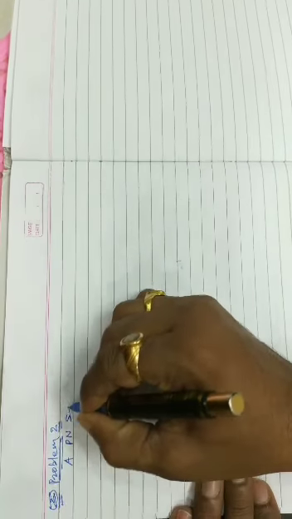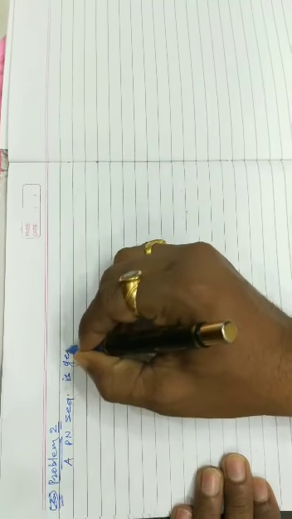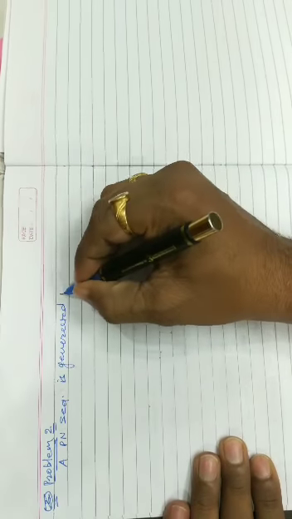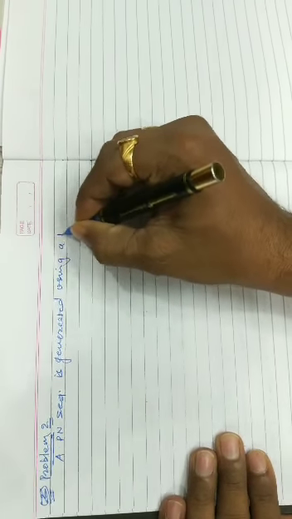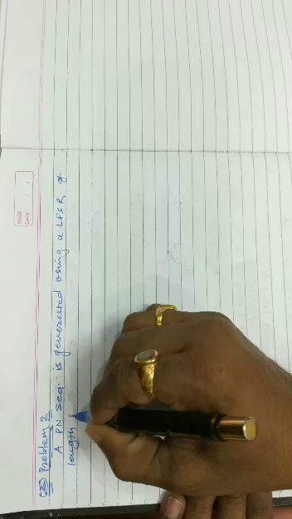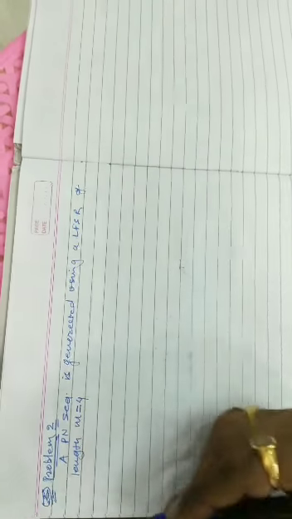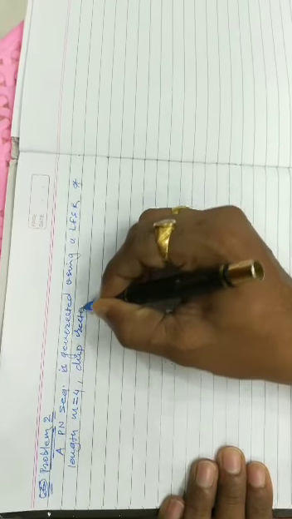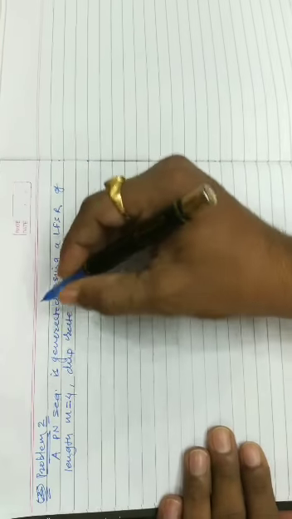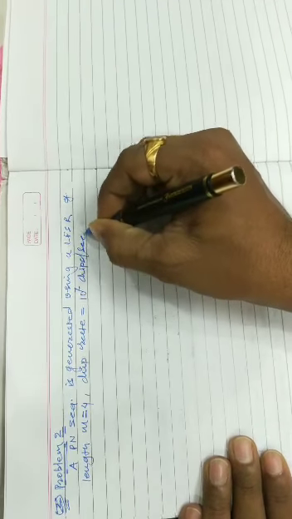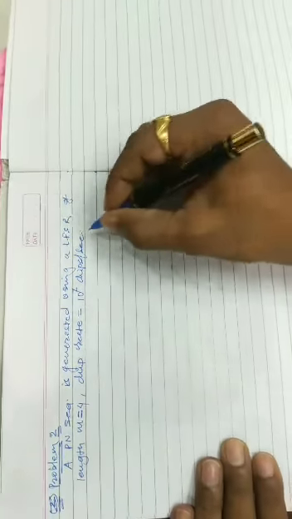A PN sequence is generated using a LFSR of length m is equal to 4, chip rate is equal to 10 to the power 7 chips per second. Find the following parameters.